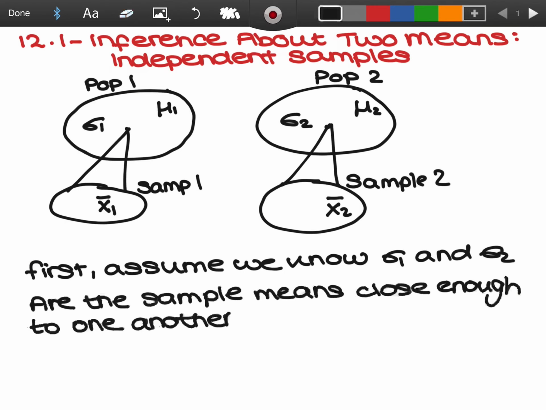So if the sample means are close enough to one another, it probably means that your population means are very close together, which means that you could assume that they're almost equal. So are the sample means close enough to one another that we can assume that the population means are equal?